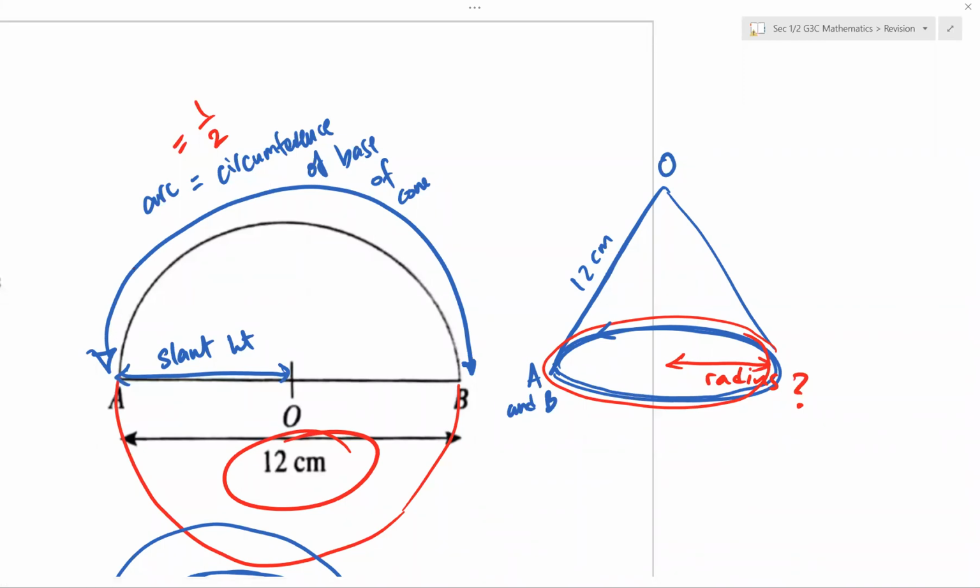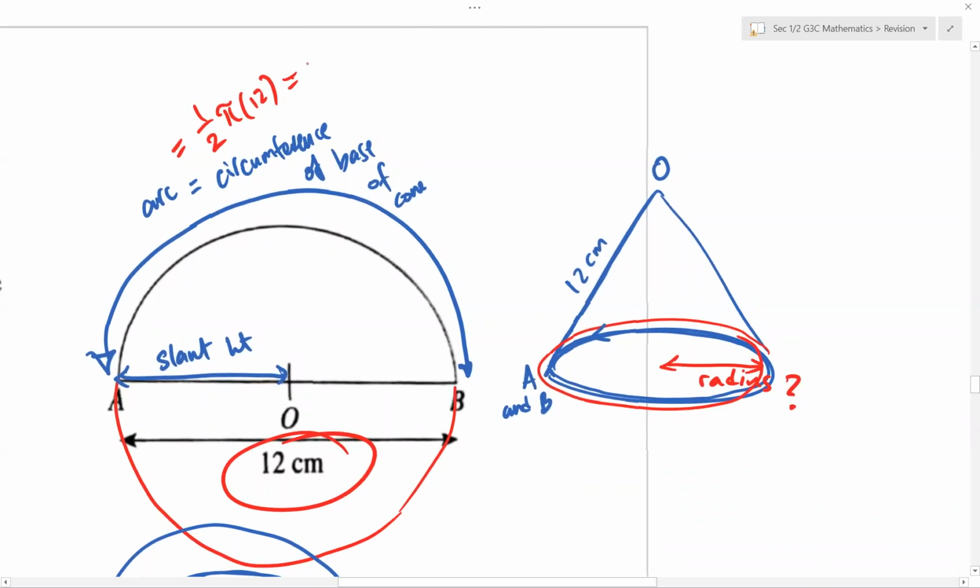Since the diameter is given over here, I'm going to use pi d. Pi d, which is 6 pi. This distance is 6 pi. It is the same distance as the circumference of the base, 6 pi.